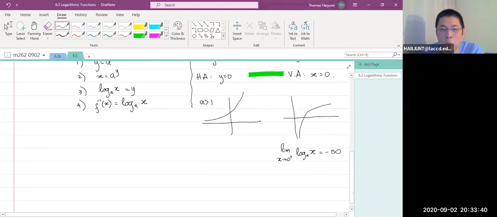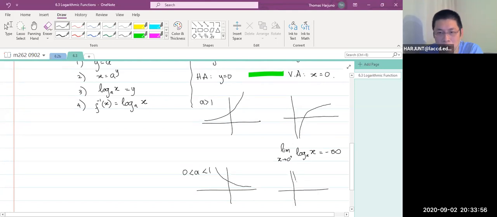While if the base is between 0 and 1, the exponential function will be decreasing, such that the log version will also be decreasing, but it looks like this.